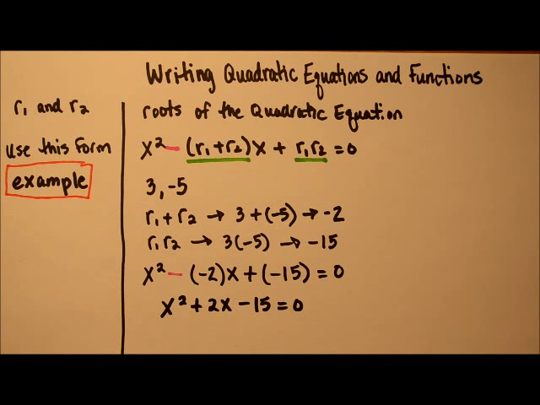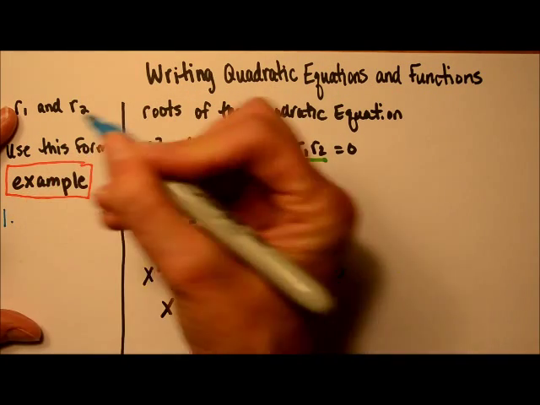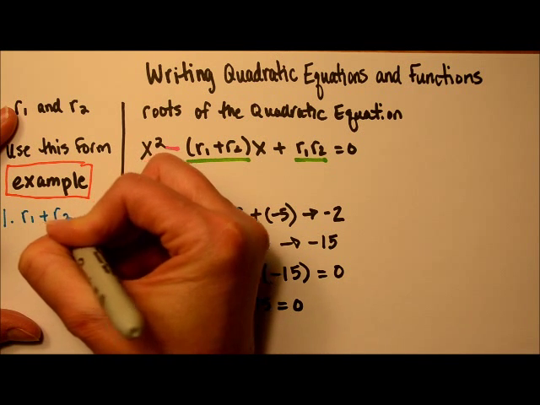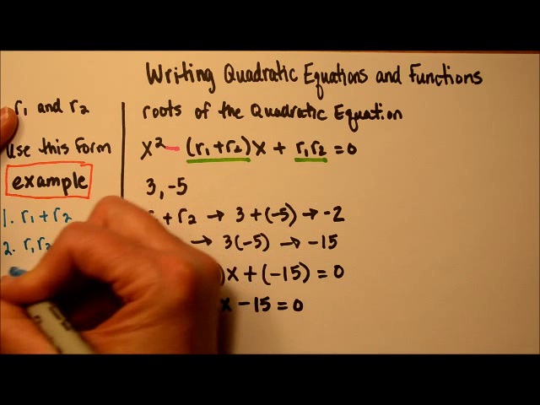Let's see, we can do a few steps here. Step one is R1 plus R2. Step 2 is R1 times R2.